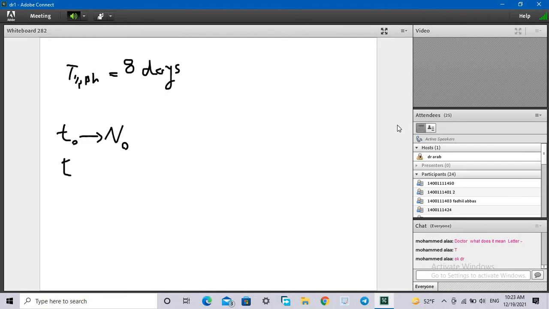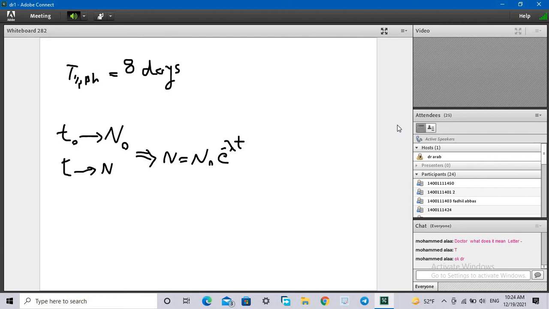Passing time t, the number of nuclei with radioactivity is shown with N. And as we learned, N equals N0 multiplied by exponential of minus lambda t.